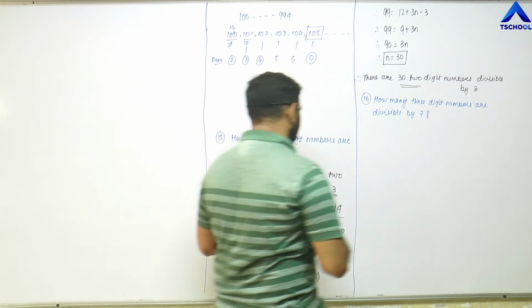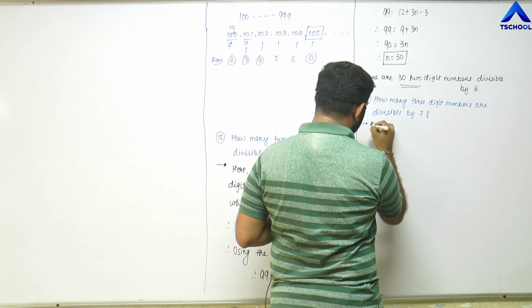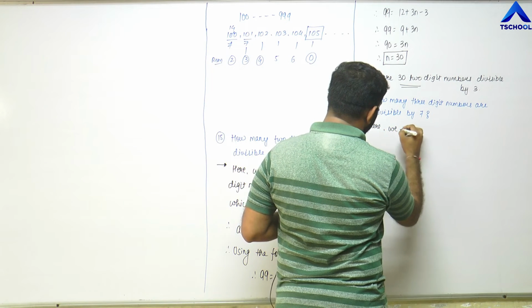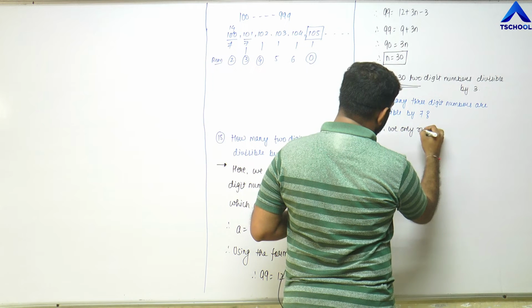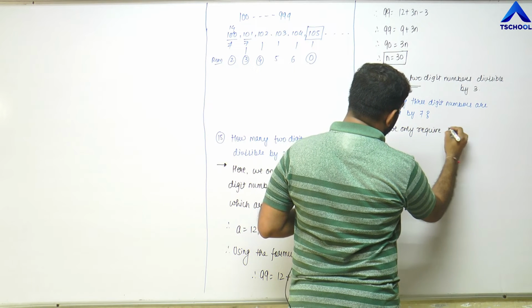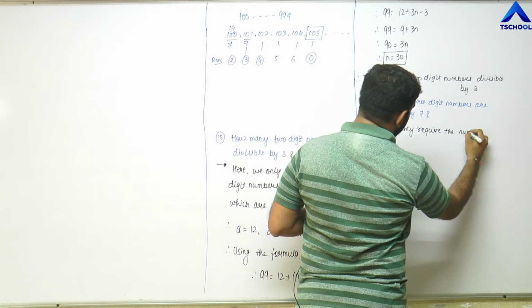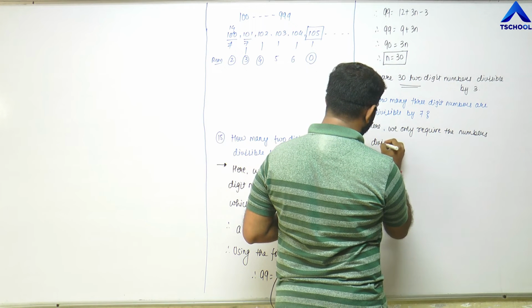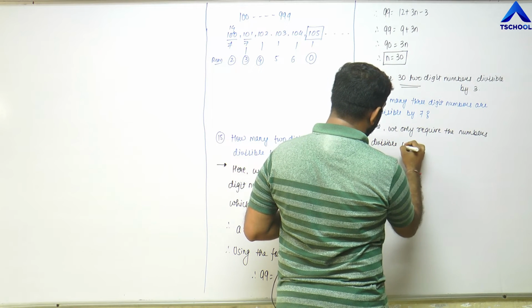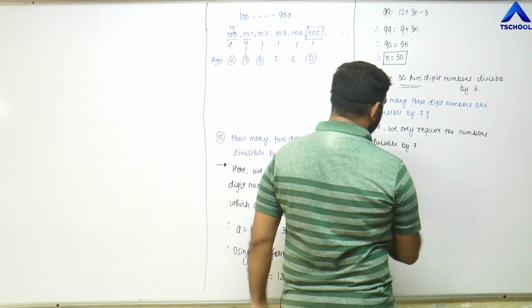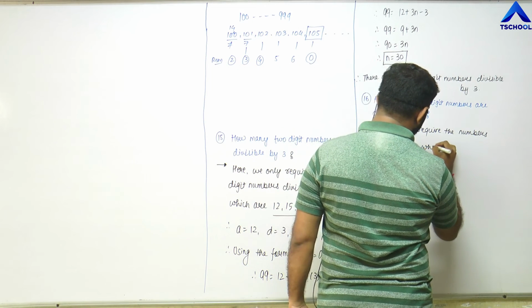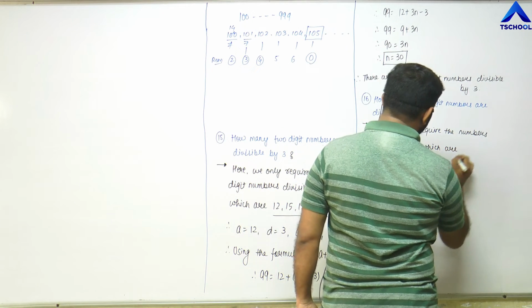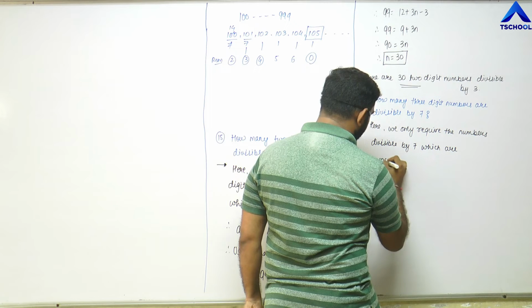So here we only require the numbers divisible by 7, which are 105.